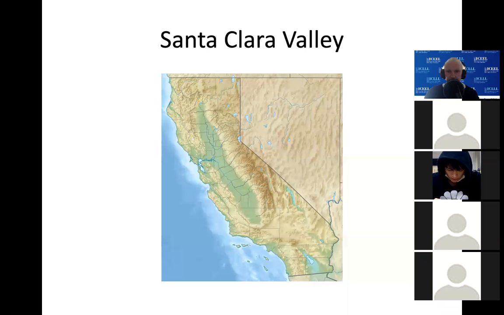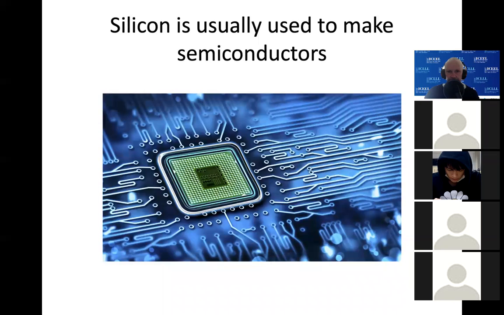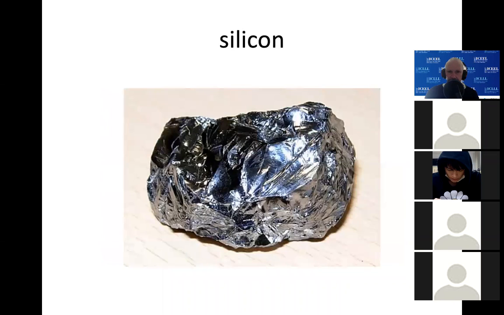Here's the Santa Clara Valley. Now, when they were inventing the transistors, a lot of these people moved out to the Santa Clara Valley in California. And silicon is usually used to make semiconductors. Silicon is something like that.